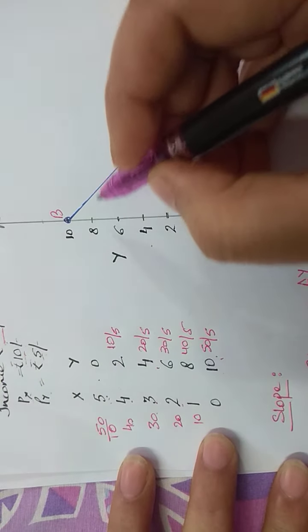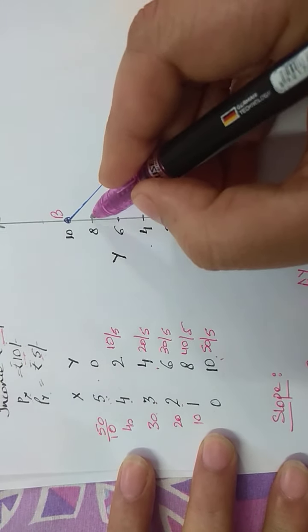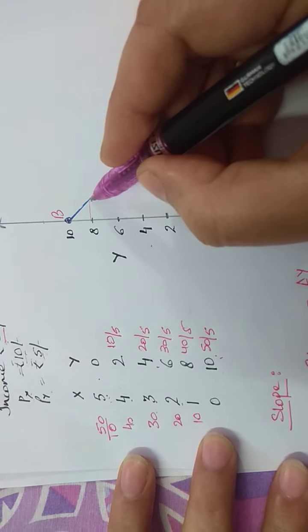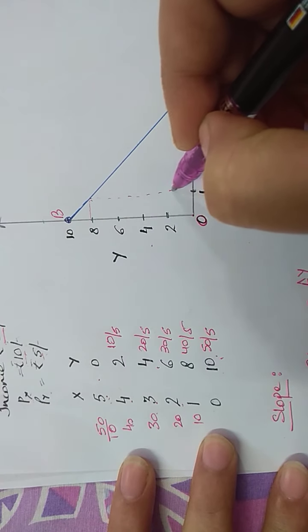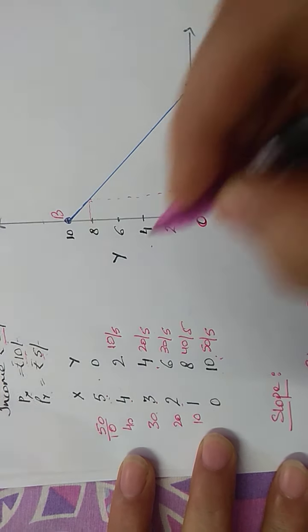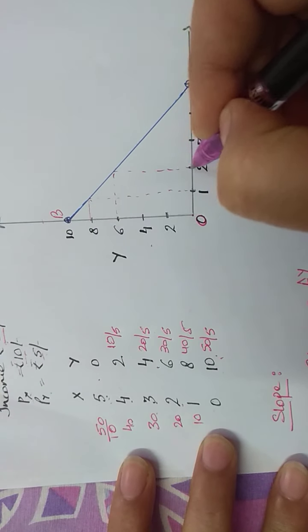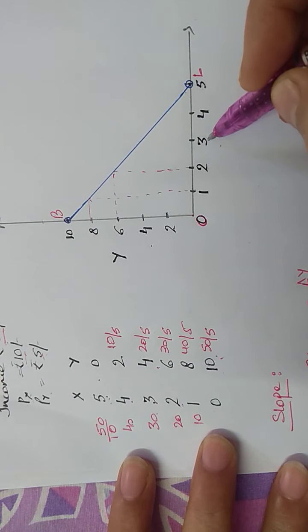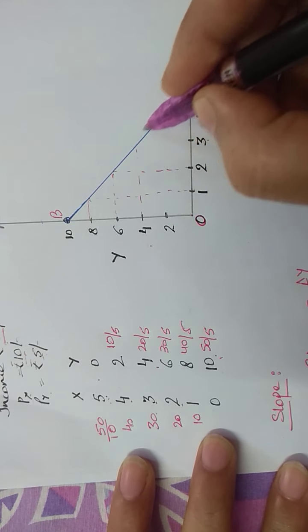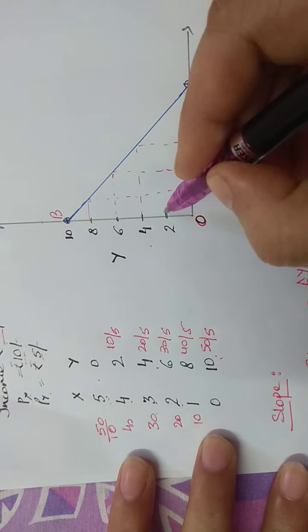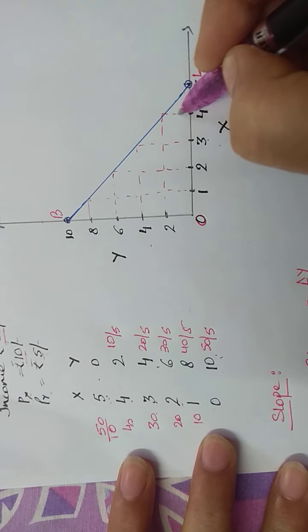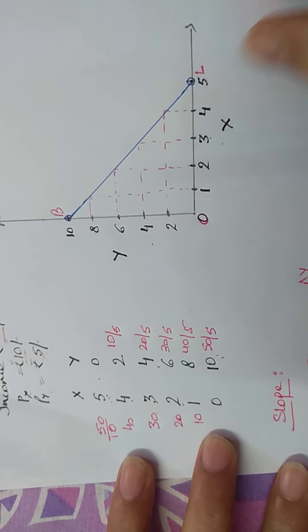So if he chooses to purchase 8 units of Y, the consumer is purchasing 1 unit of X. Similarly, 6 units of Y and 2 units of X. If he consumes 3 units of X, he is consuming 4 units of Y. So we get this combination.